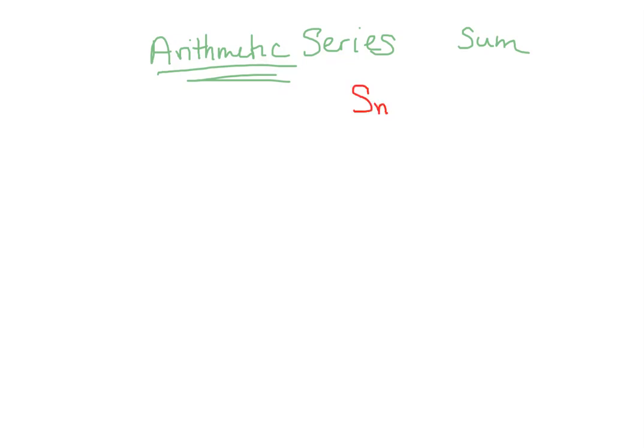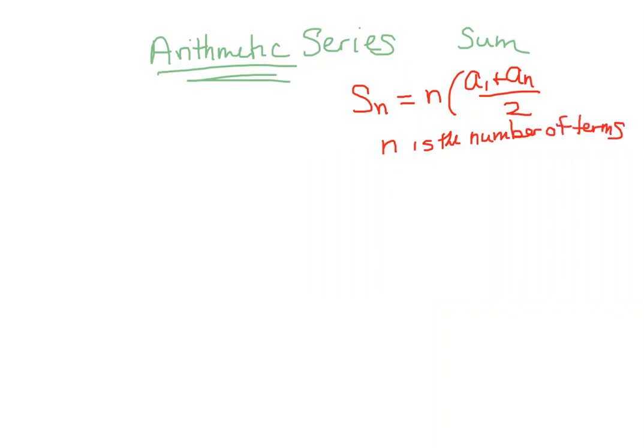Sn equals n times a1 plus an over 2, where n is the number of terms and a1 is the first term and an is the last term that you are adding up.